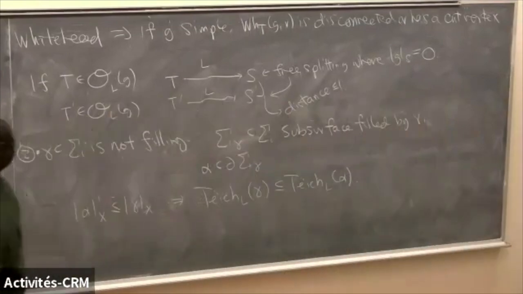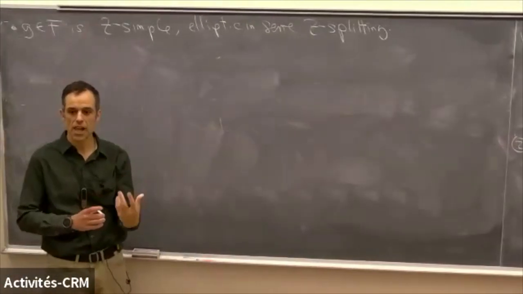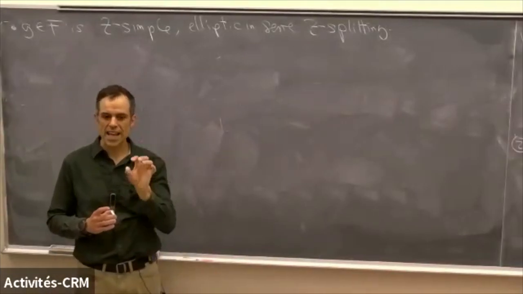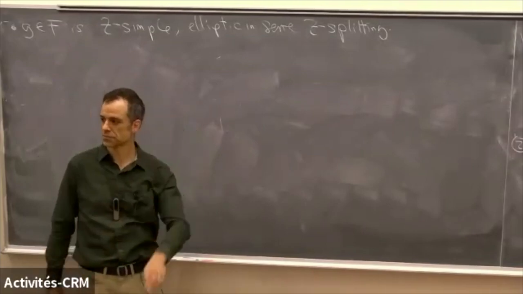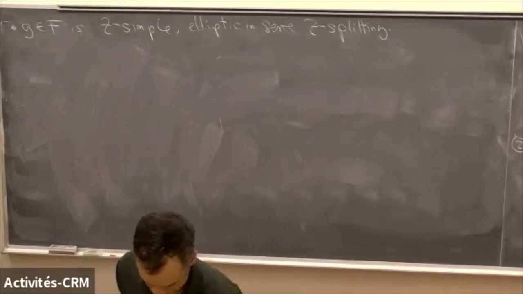I have my element G, which I can write as a free product with amalgamation of the free group over this cyclic element. And I want to say something like, I can find a Z splitting where that element has some length which is bounded in terms of the original length. That's really the main step here.